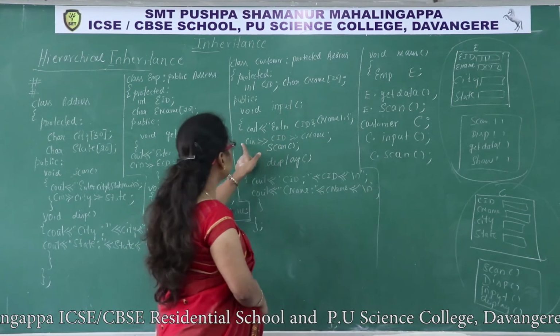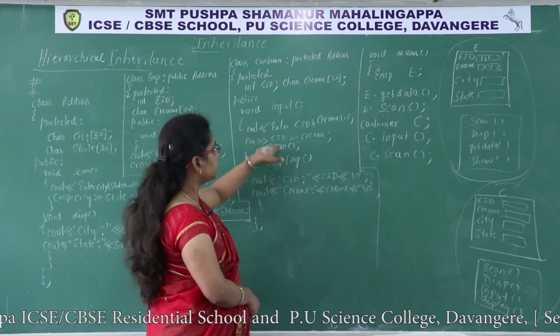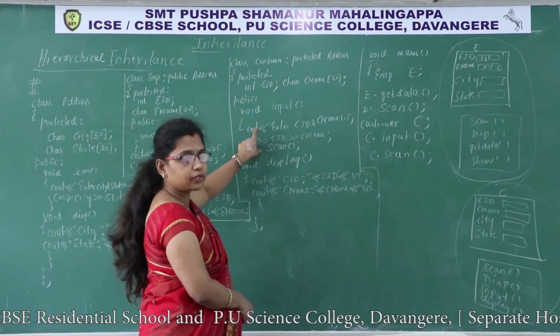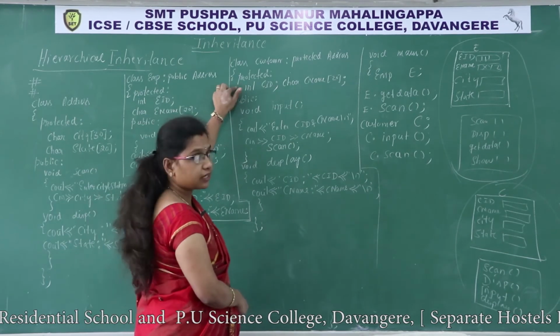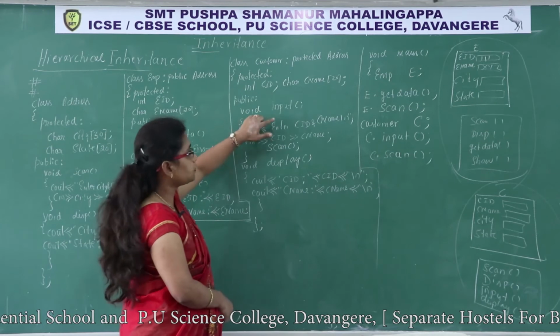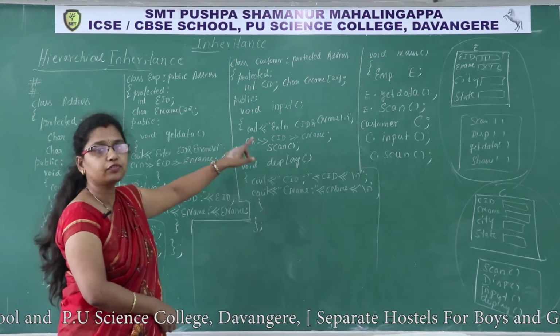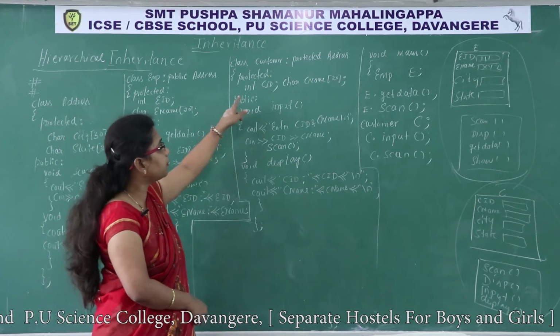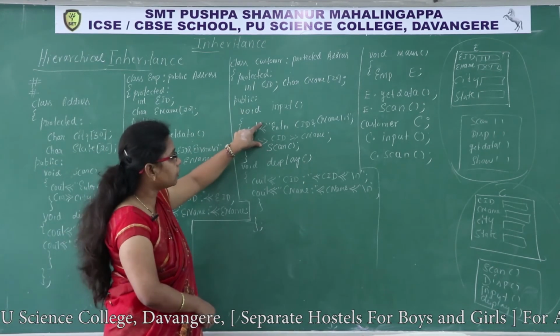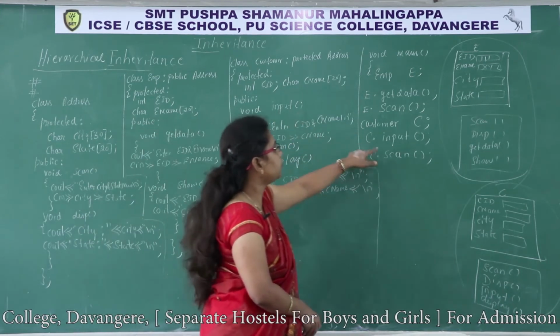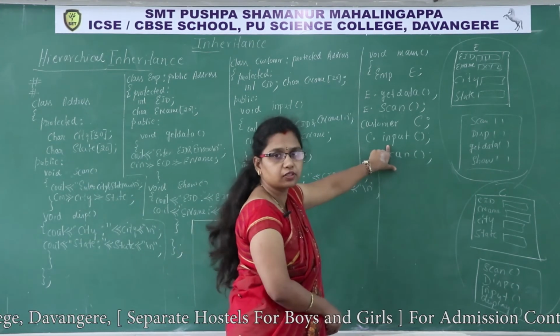After execution of these two statements, there is another function call in this function. As per the rule, protected members are accessed through a member function of that class. Input is a member function, so from this function I am calling the scan function, so that I can call the input function from the main function.